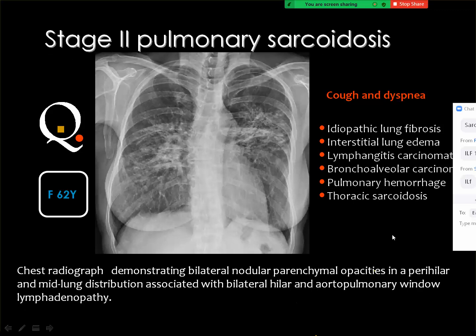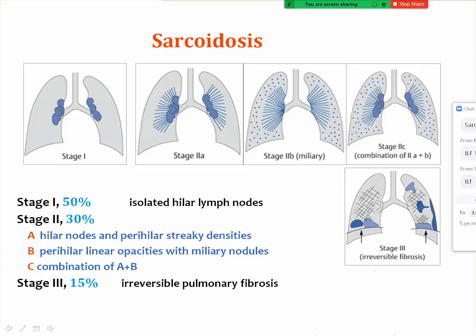And the answer of sarcoid is very good because the changes are somewhat away from the lung bases. And these are the stages of sarcoid.